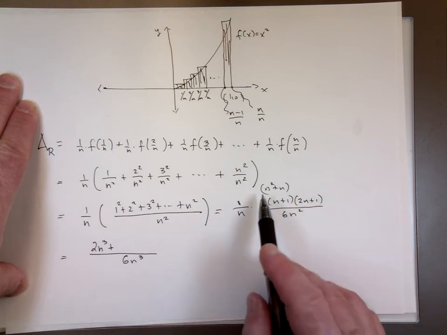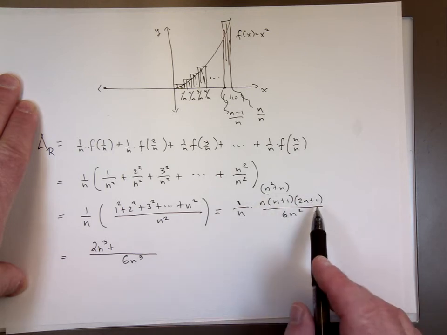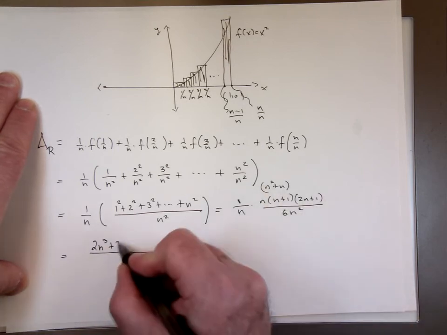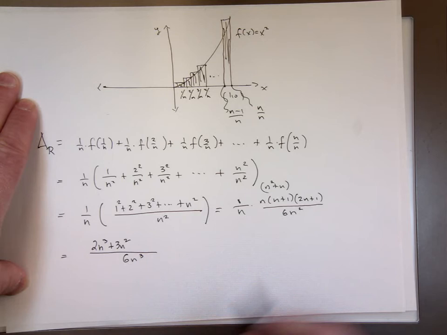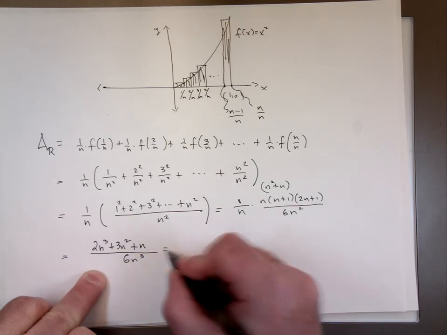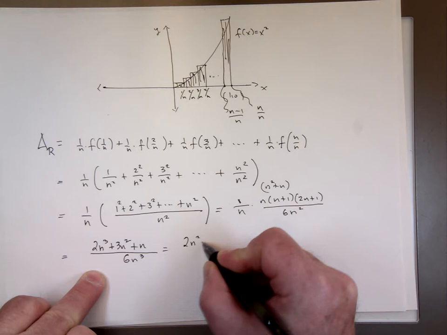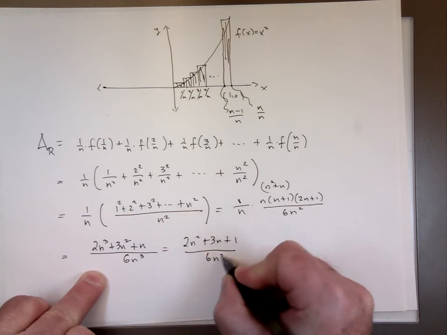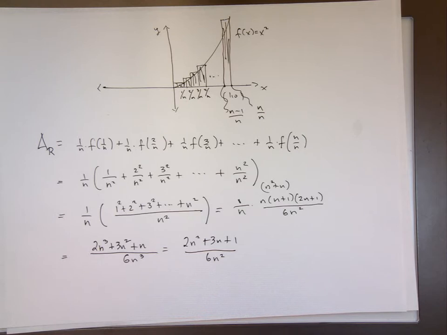Okay, 2n cubed, n squared plus 2n squared, a 3n squared, and then an n, I think. And then I can take out an n, to get 2n squared plus 3n plus 1 over 6n squared. That's the area of the right endpoint rectangles.